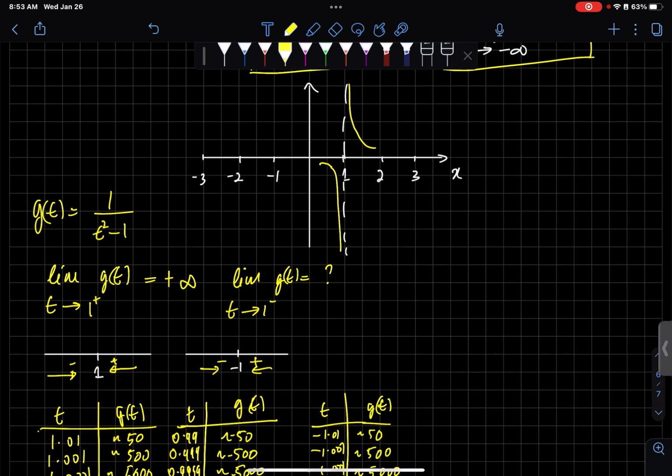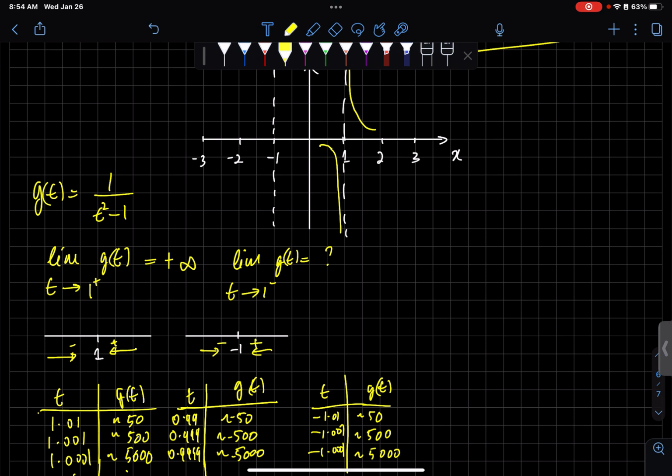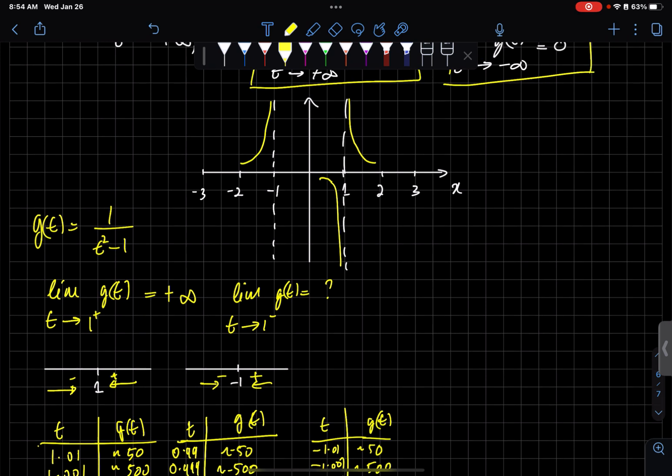So this again is going to be a vertical asymptote right here. Maybe I should do this in a different color, but anyway, this shoots off to a huge positive number.